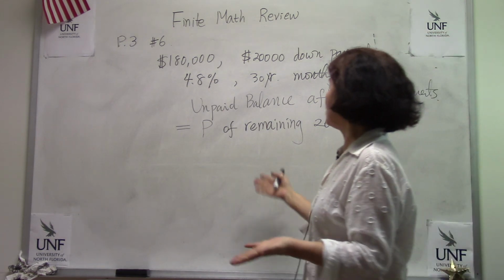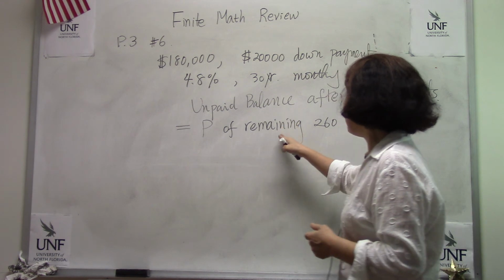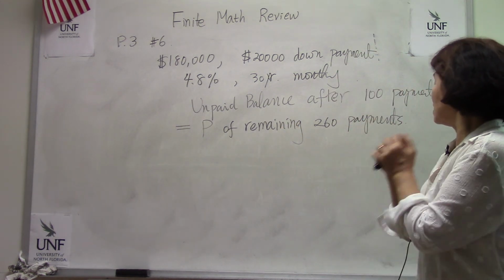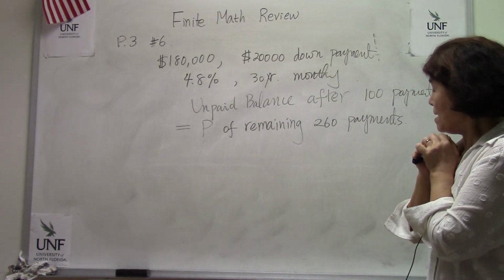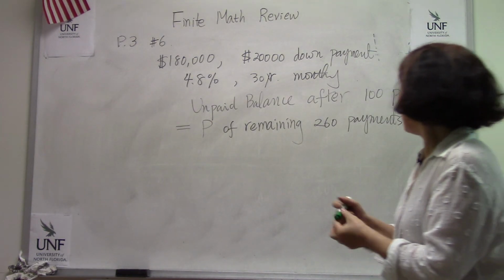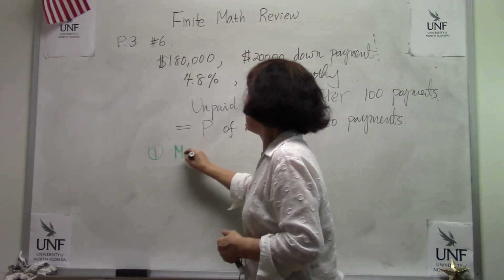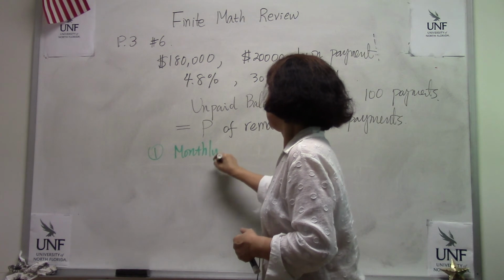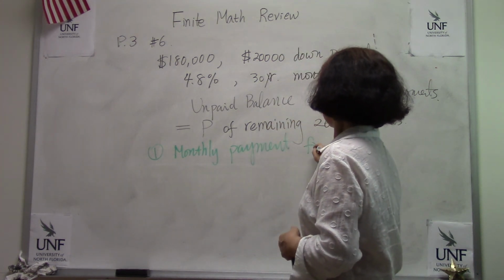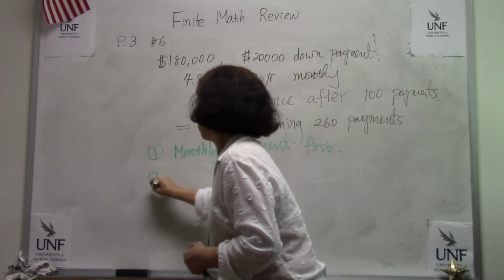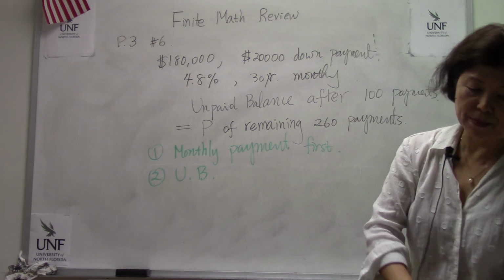We know the concept: the unpaid balance is the principal of the remaining 260 payments, but what is your payment in the first place? We don't know, right? So you are first going to compute this monthly payment, and then compute the unpaid balance. UB for unpaid balance.